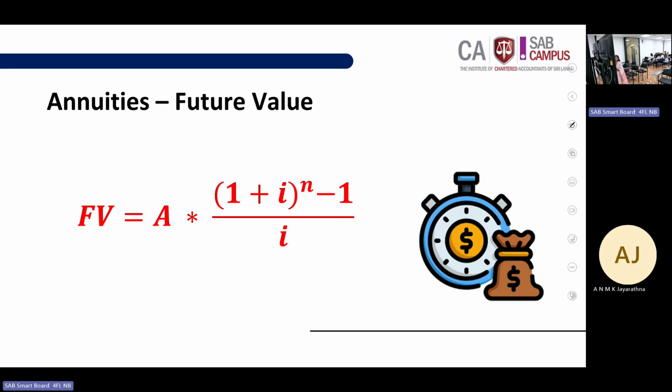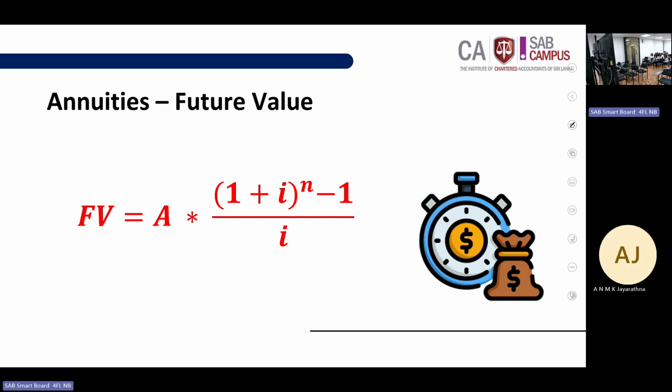Regarding annuities, future value. How can we calculate the future value of an annuity? A means annuity amount, multiplied by the annuity factor. How can we calculate this annuity factor?